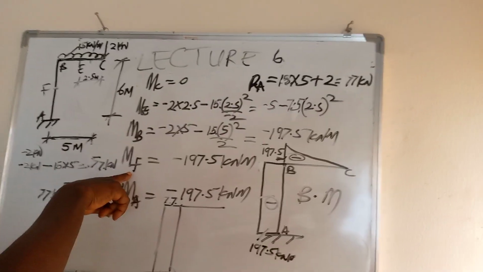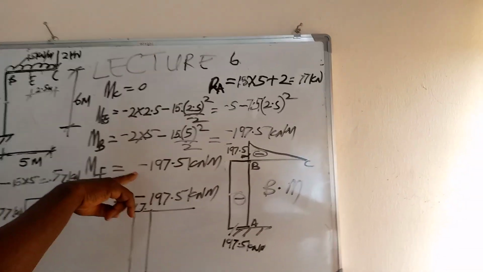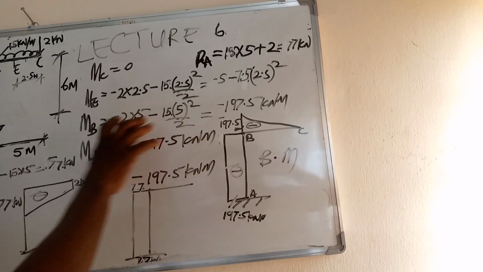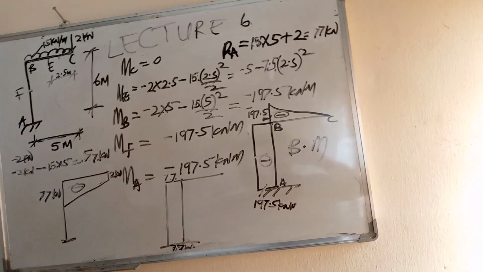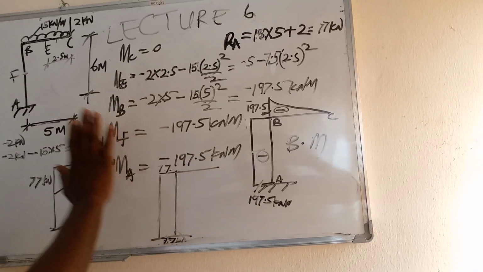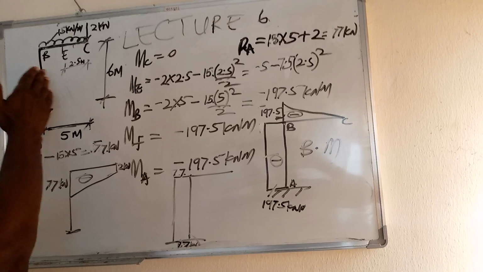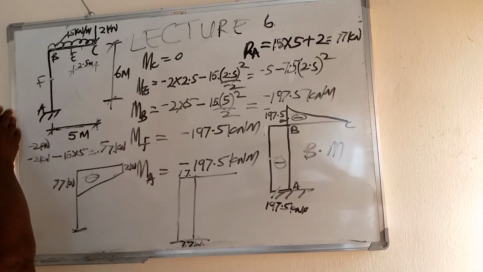Now at F, the moment at F is equal to minus 197.5 kilonewton meter, because BF is not perpendicular to the line of action of the loads. It is parallel, so it will not multiply the load. The load will only multiply the perpendicular distance, which is between EC or BE.